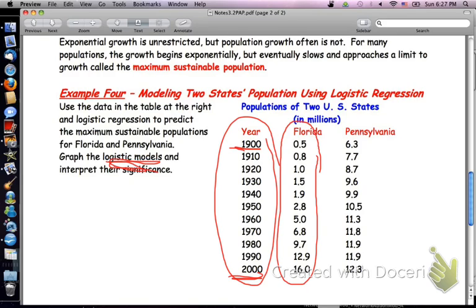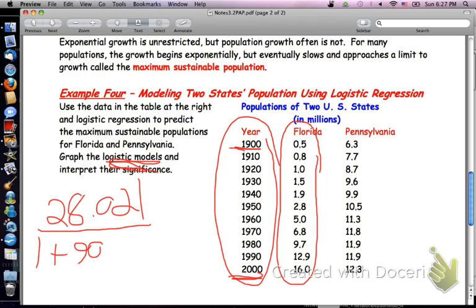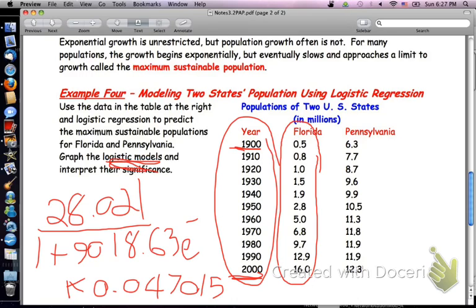And for Florida, you should get something like this: 28.021 all over 1 plus 9018.63 times e to the negative, and I'm going to write k over here since this is such a large number, 0.047015, and then times t.